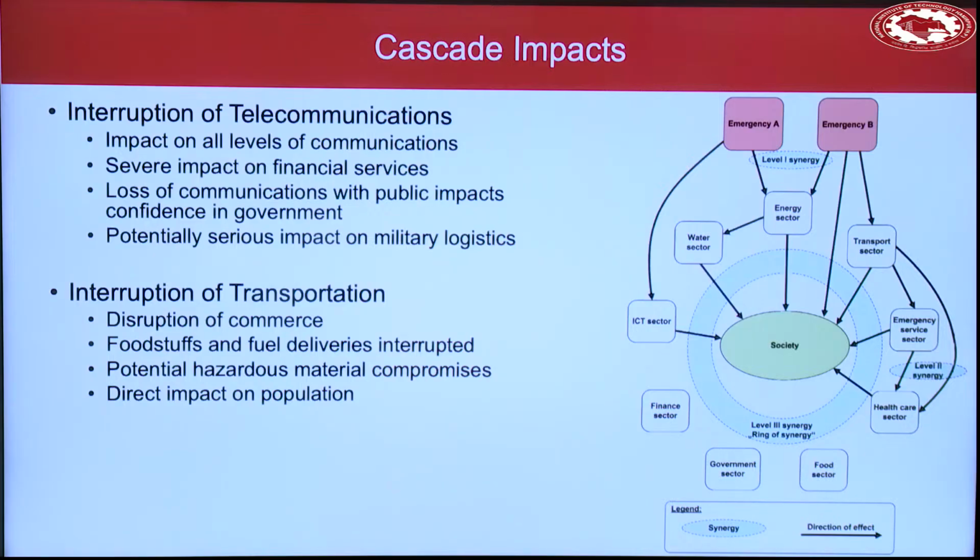Interruption of transportation means foodstuff and fuel delivery is interrupted, with potential hazardous material compromise. When we have a shortage of fuels, petrol, diesel, what happens? Prices will go up really high. People are selling on the black market. And when something like this happens, it starts chaos. It impacts your economy, with a direct impact on populations.